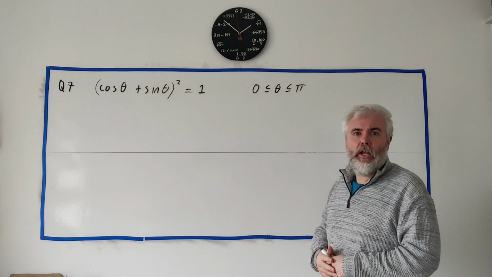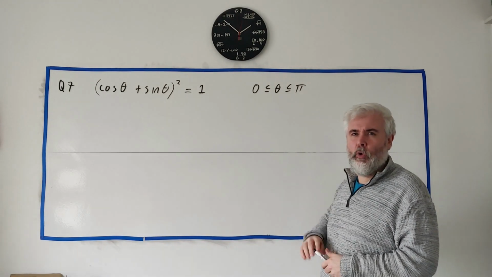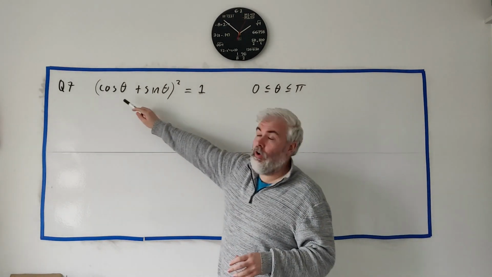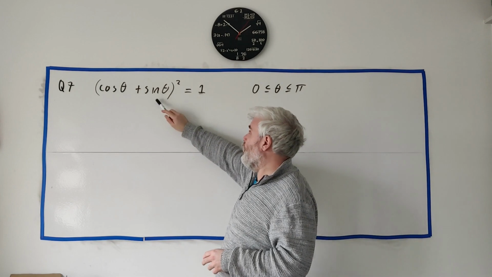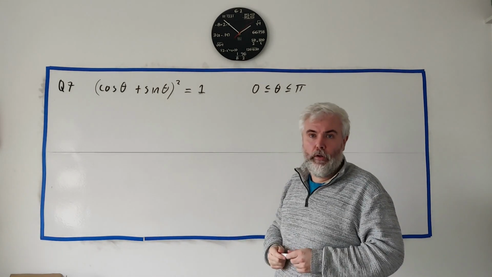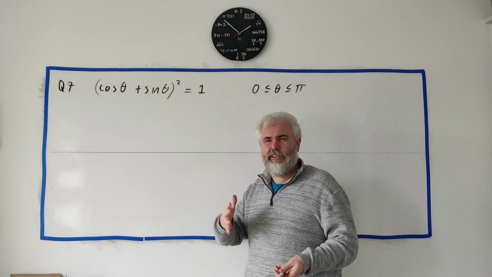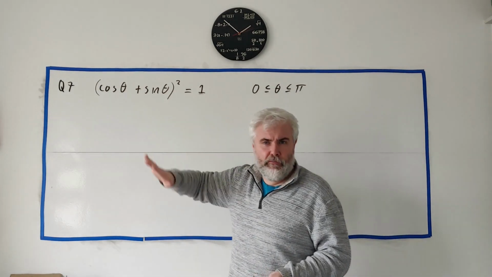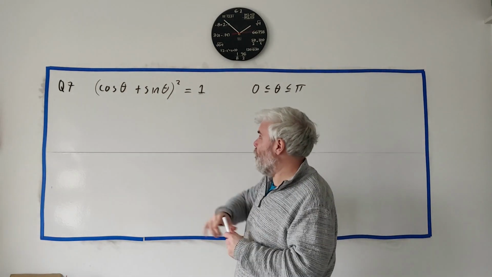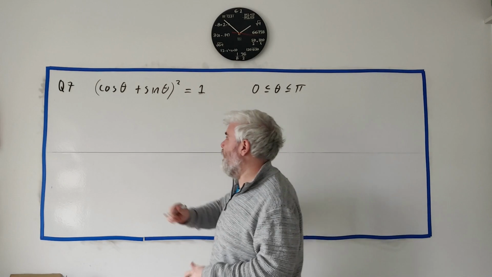The question A, part 1, starts off with basically solve this equation: cosine theta plus sine theta, all squared, equals 1. And they give you a clue, they tell you to expand this part out first. So let's go ahead and do that. Let's expand out the left hand side.